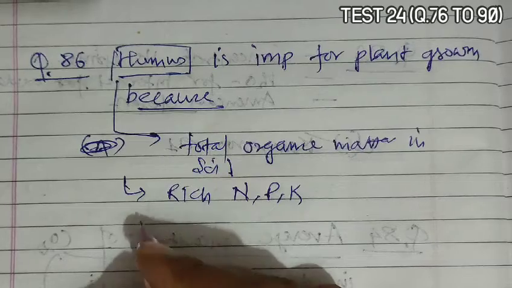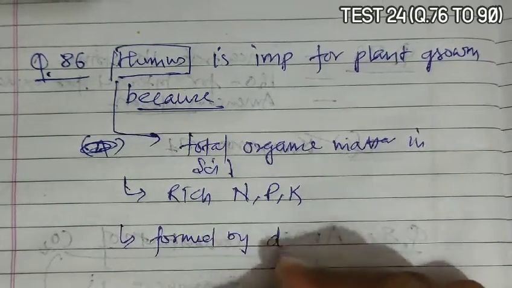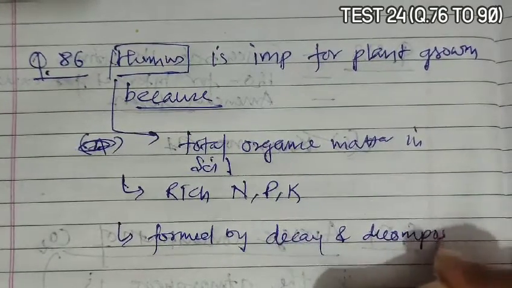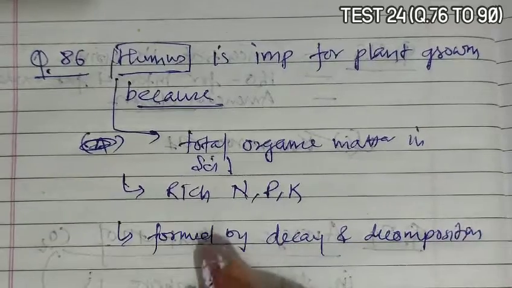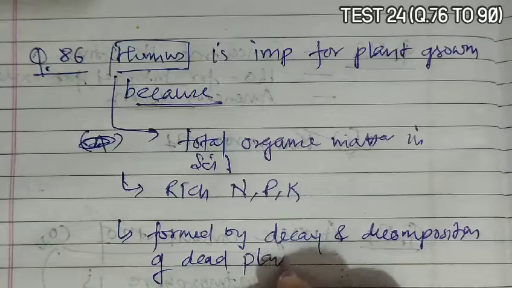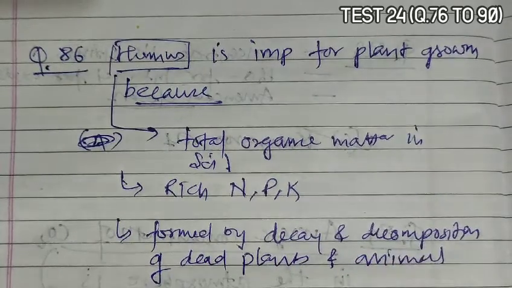Humus is formed by decay and decomposition of dead plant and animal matter.